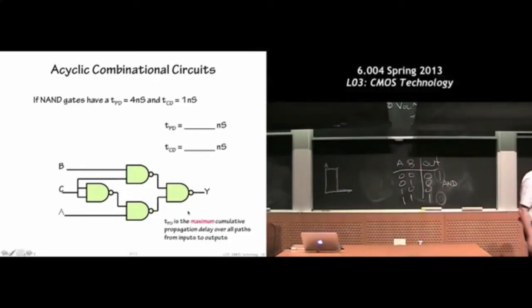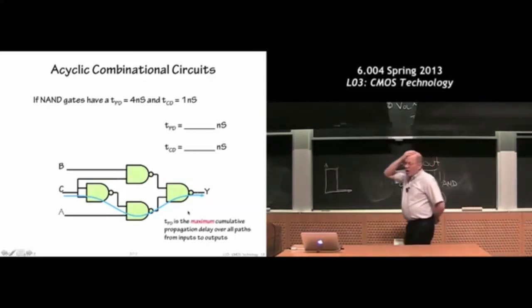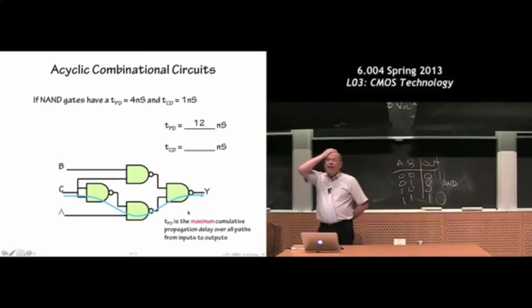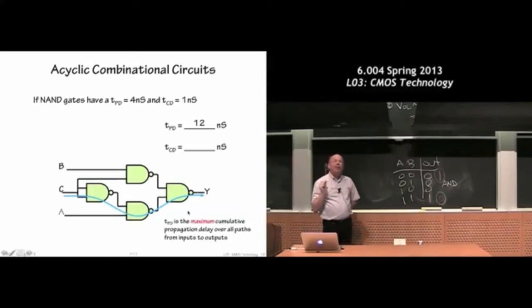Yes? 12. And what you did is you looked for the longest path through the circuit and you added up the TPDs along that path. For the TPD of that collection, you look at all possible paths between input and output, you sum the TPDs along those paths, and you pick the largest number you find. What about TCD for this combo device?